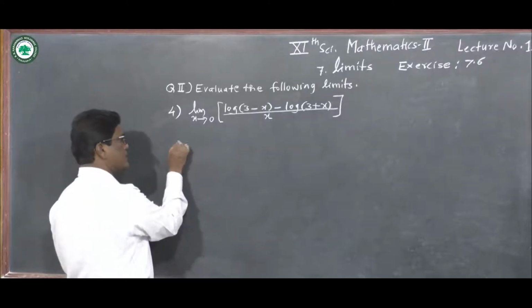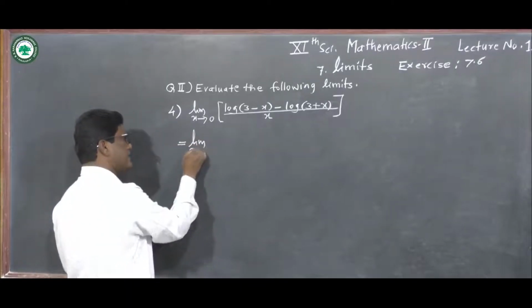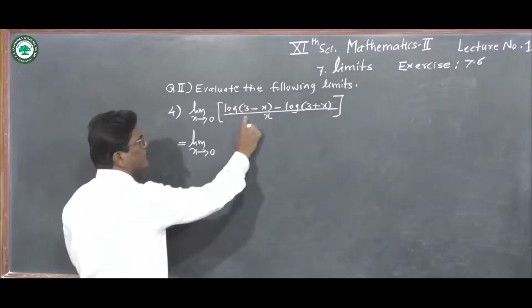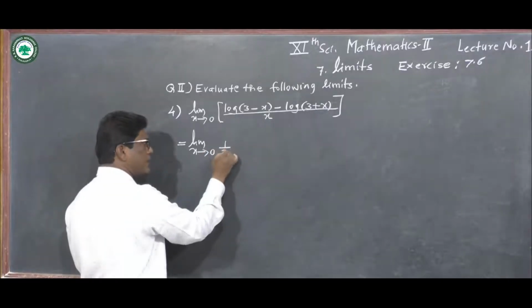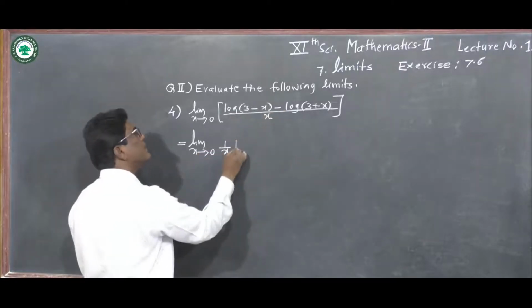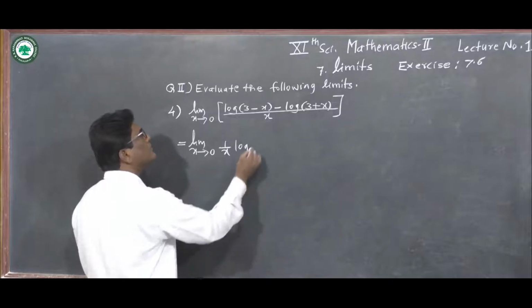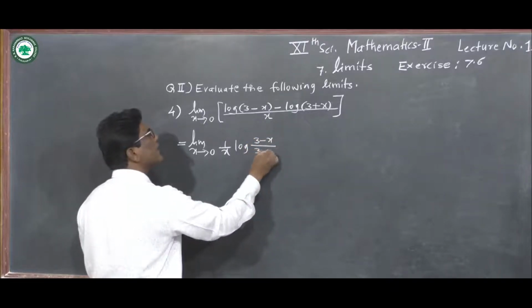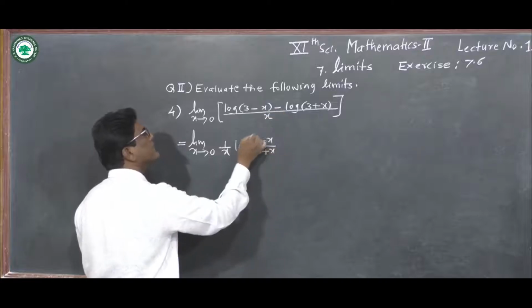So the solution of this is equal to limit as x tends to 0. We write this division by x as 1 upon x, and take log common. So if we take log common, we get log of (3 minus x) upon (3 plus x). When there is a subtraction of logs, we divide.